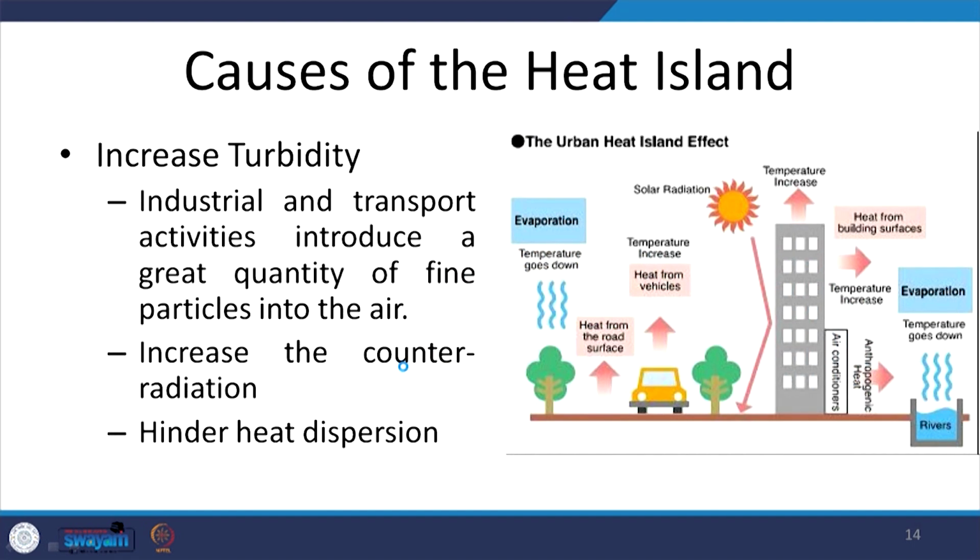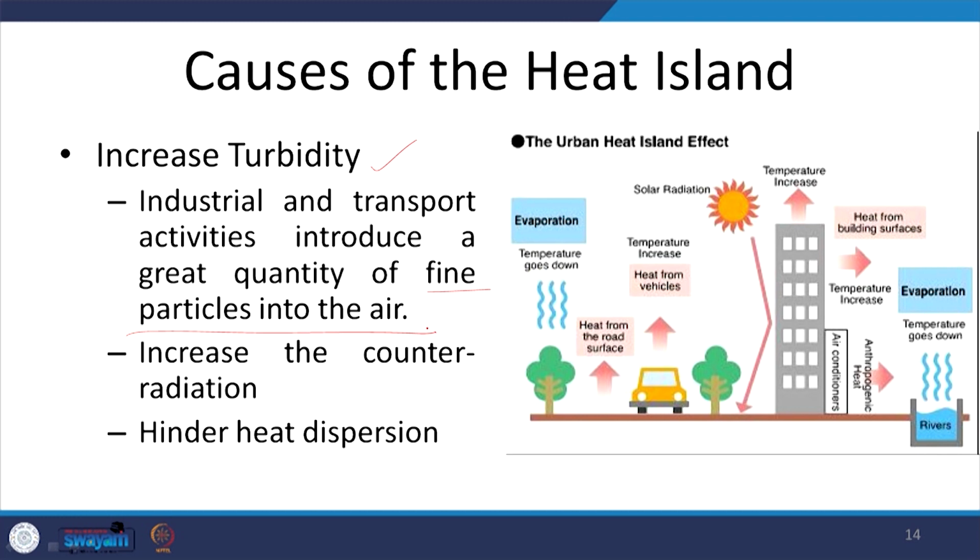The last one of the most prominent causes for heat island is the increase in turbidity. By increase in turbidity, we mean that the very fine particles which are released in the air and remain suspended, which absorb the heat, retain it and further heat up the atmosphere, are more in cities.